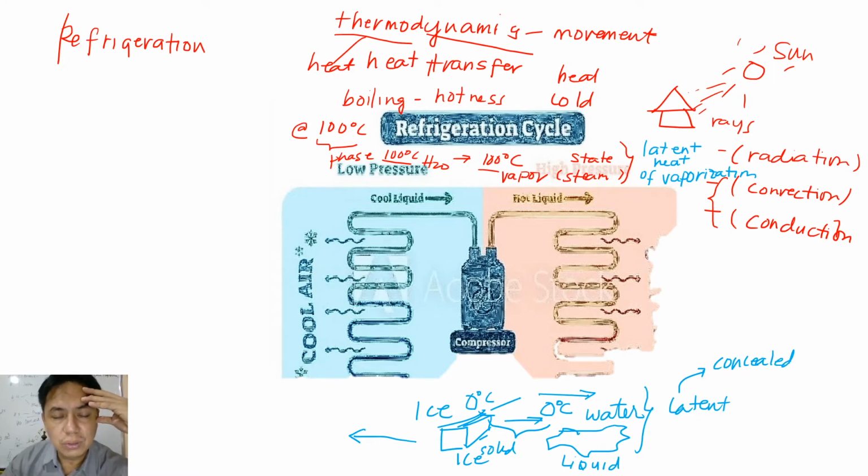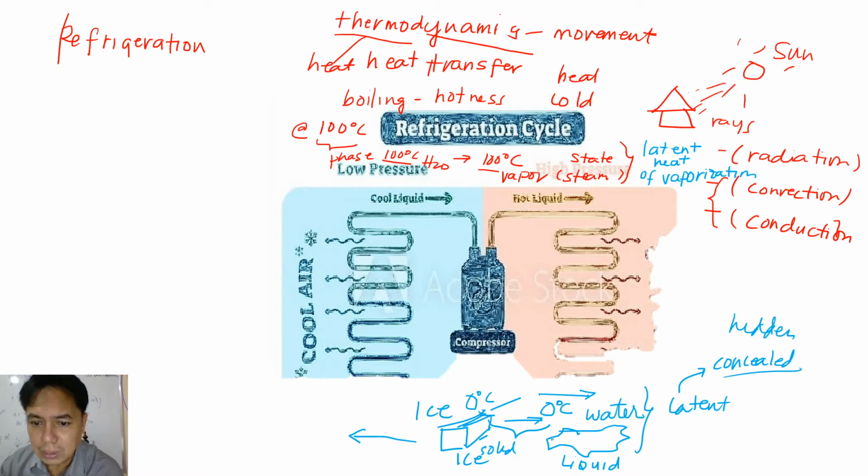But if you go to Germany or Japan or France, of course they're going to use their own language. But since we are using English in the Philippines as one of the official languages, aside from Filipino or Tagalog, we should understand the terminologies used in engineering. So latent means concealed or hidden.